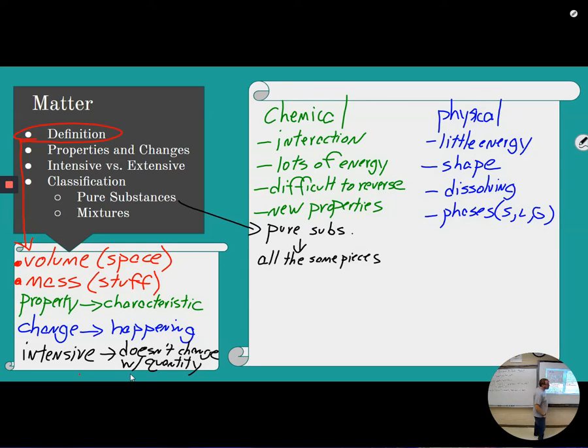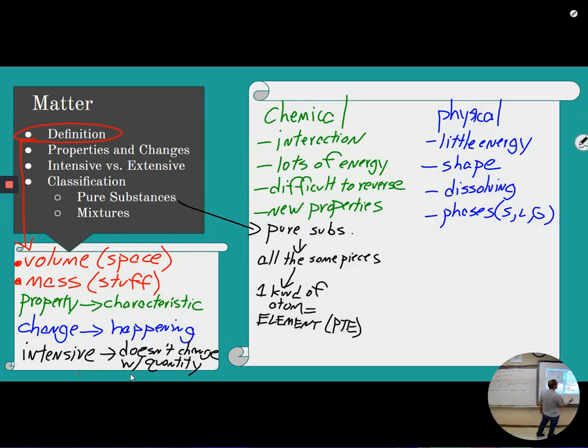In this case, the pieces are atoms, or the pieces are molecules. They're particles. They're all the same. If it's all the same kind of atom, then it's an element. If I can find it on the periodic table, okay, the PTE.